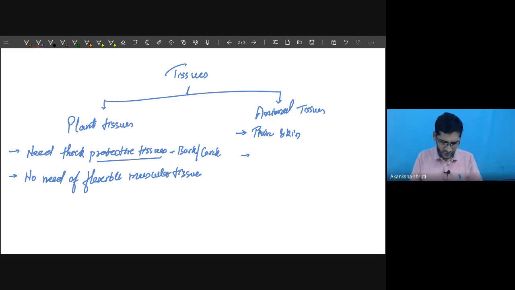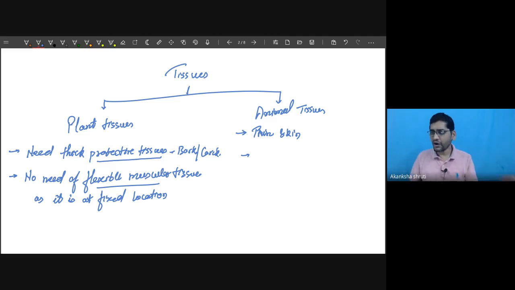See, the plant does not need flexible muscular tissues because it is at a fixed location. And they are autotrophic, meaning taking the sunlight and water, they are able to make their food.